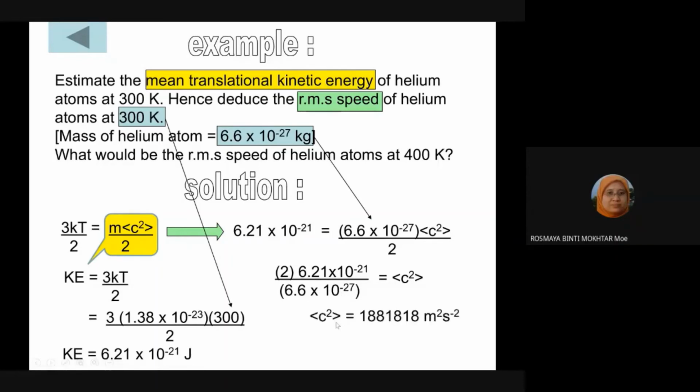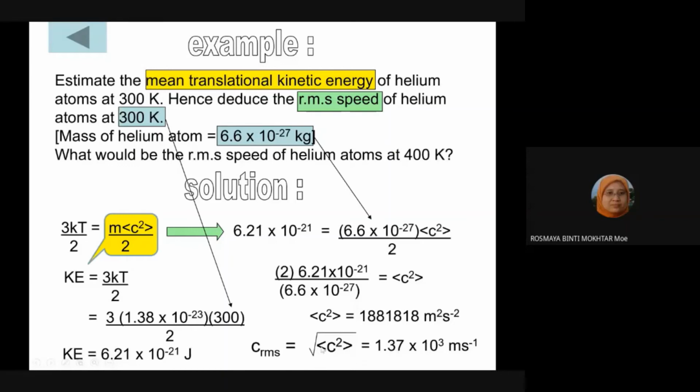The answer for the mean square speed is 1,818 meters squared per second squared. Then, to get the RMS speed, we square root the mean square speed. This one is from the previous lesson. RMS speed equals the square root of the mean square speed. So you get 1.37 times 10 to the power of 3 meter per second. This is the answer for the RMS speed.